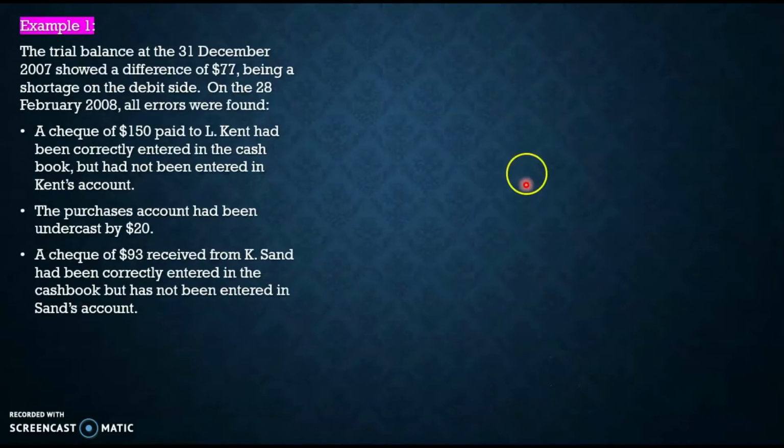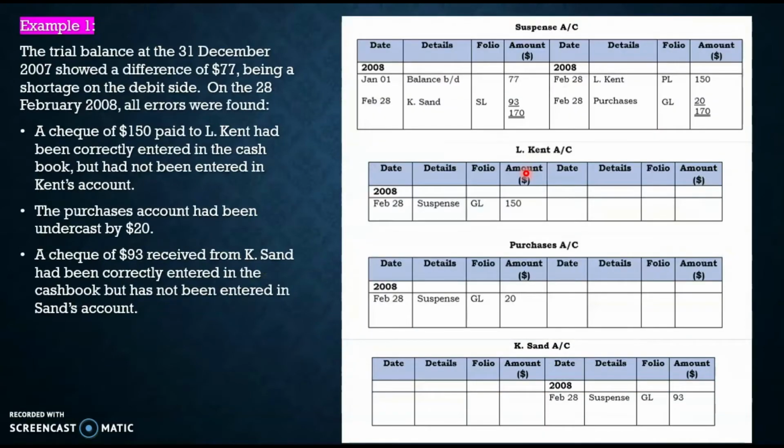And I'll show you the ledgers at this point. So you have the suspense account. We had the debit suspense account with the $77. We had the correction being made in K-Kens by debiting it and crediting the suspense. So you see that we did that. And then purchases was undercast with the $20. So we debit it with the $20. And then we're going to credit suspense with that amount as we stated in the journal.